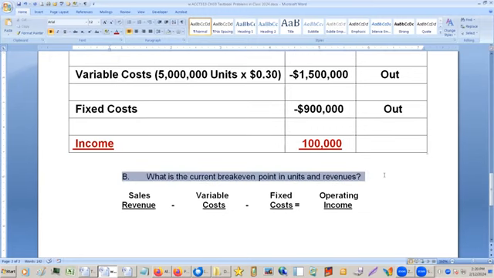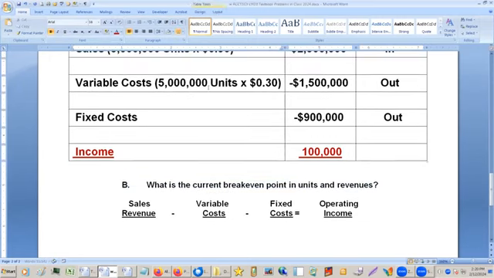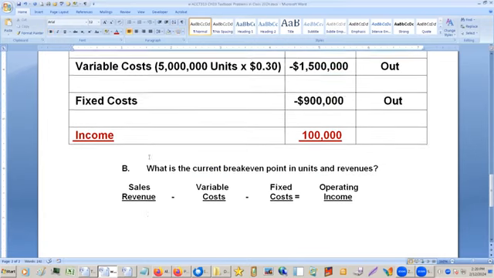Okay, so we got to find the break-even point, and again, we know it's going to be less than 5 million units. We just don't know how much it is.